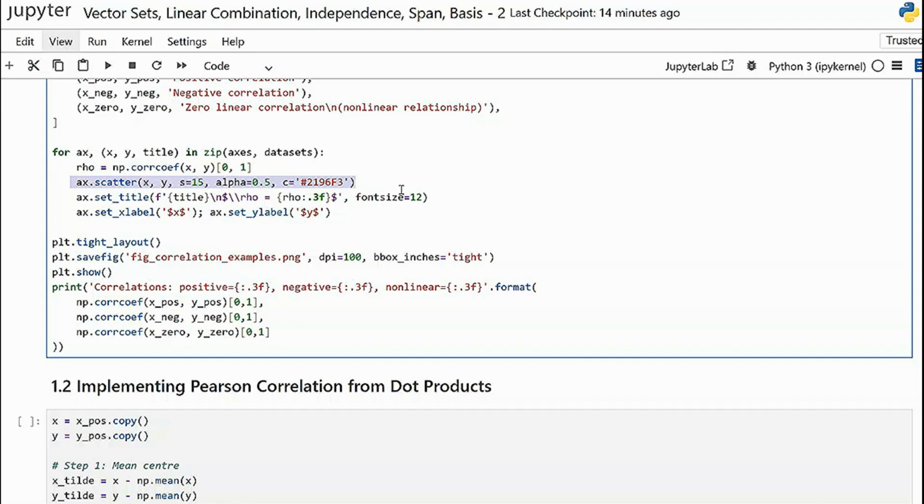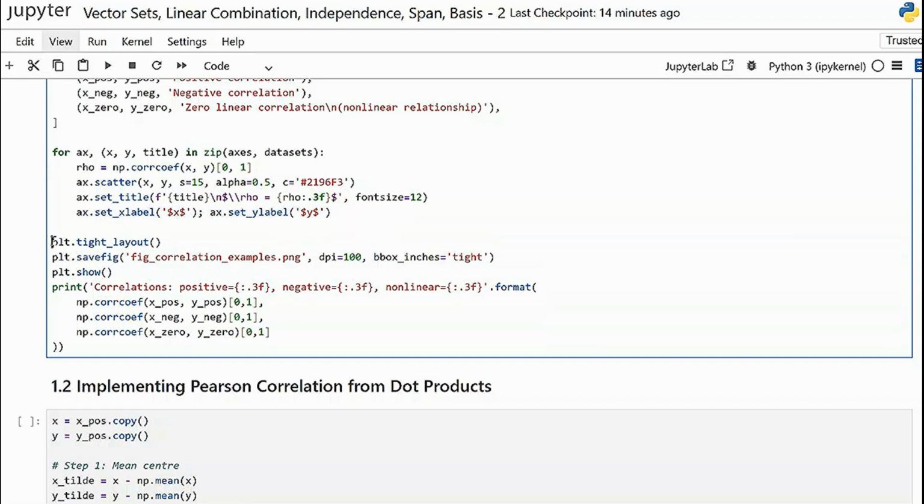Each point represents a pair of values with x and y. And dear friends, we label each plot with its title and computed correlation value, and this makes interpretation immediate. Here we also label the axes for clarity.